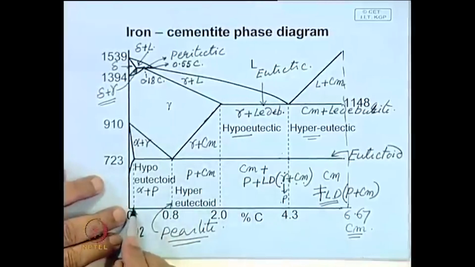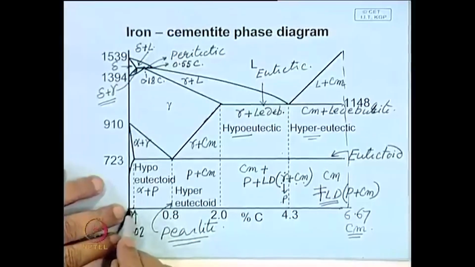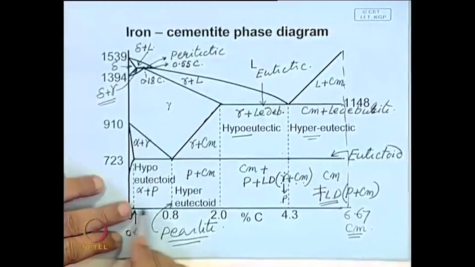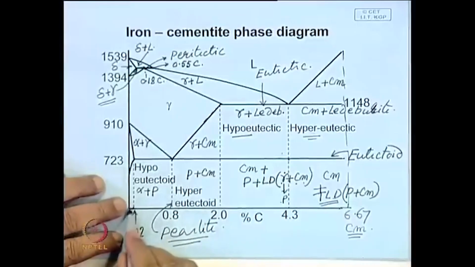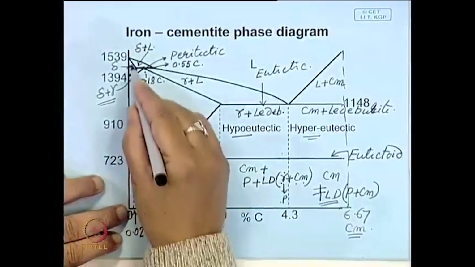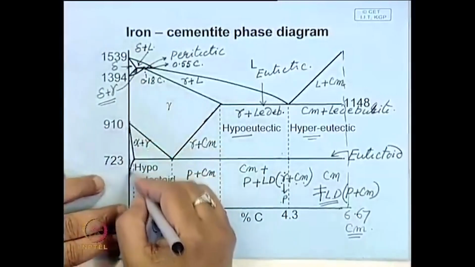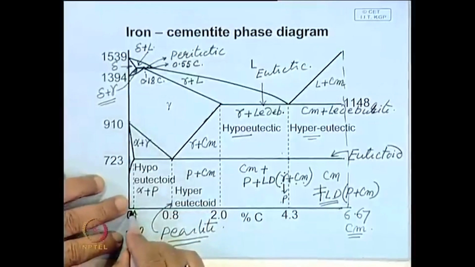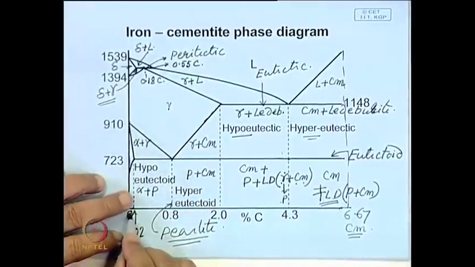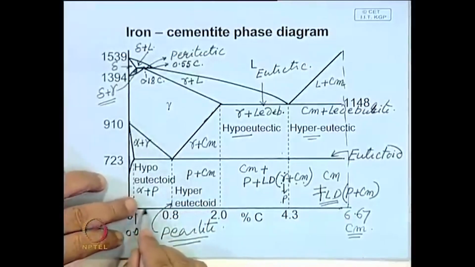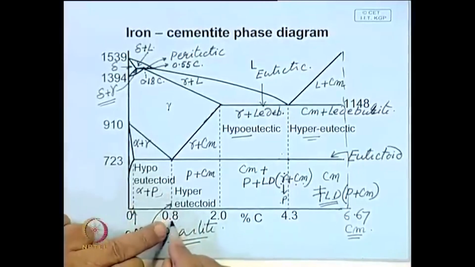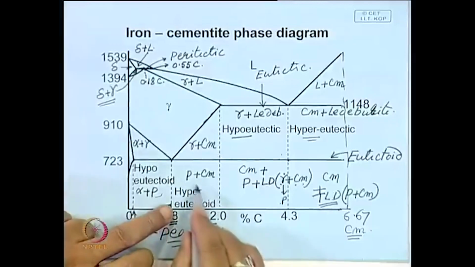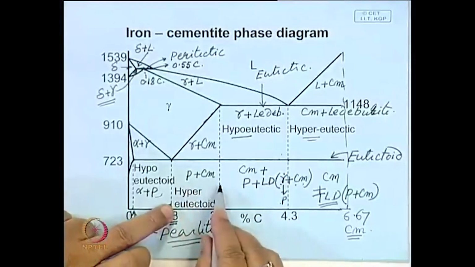As you increase the amount of carbon, let us say from a very small amount to a very large amount: when it is nearly 0, it will be pure ferrite, like here, a single phase structure, and when it exceeds a particular amount, you will get some amount of pearlite, ferrite plus pearlite. Then when it exceeds 0.8% carbon, it will be pearlite plus cementite.